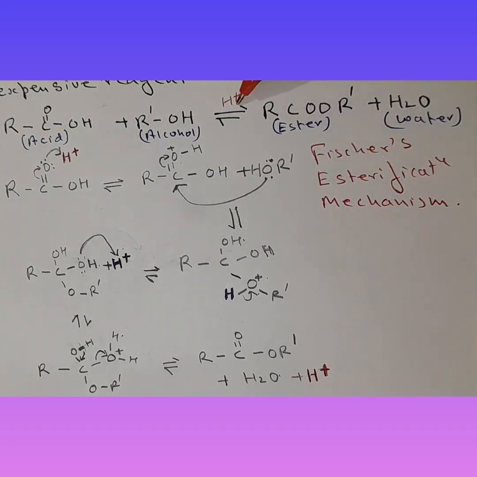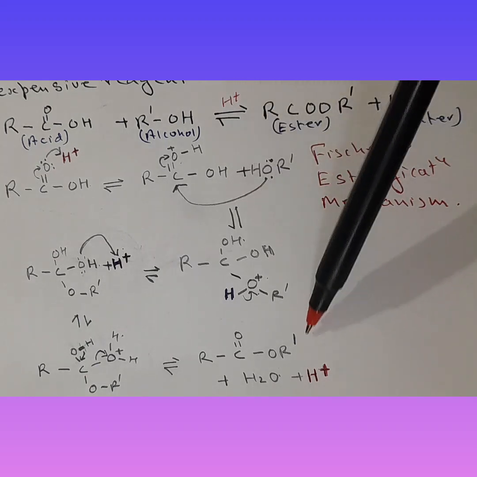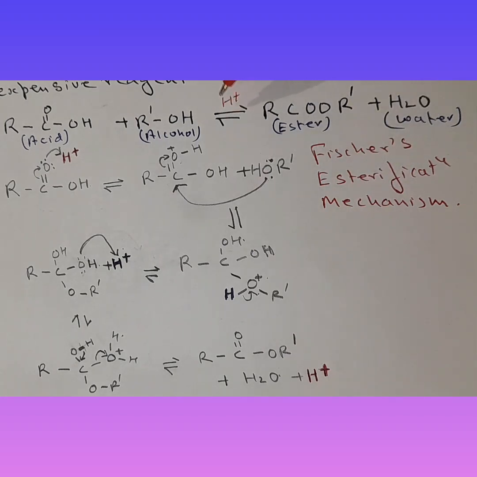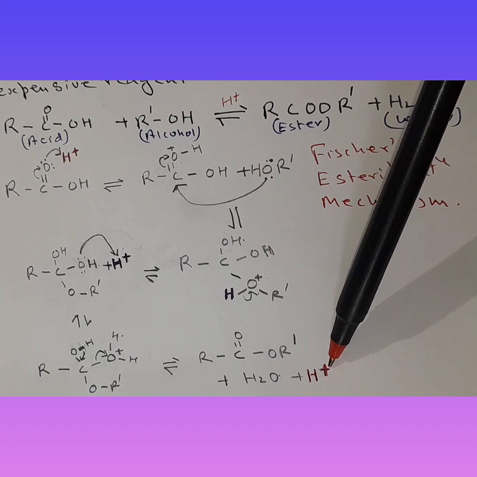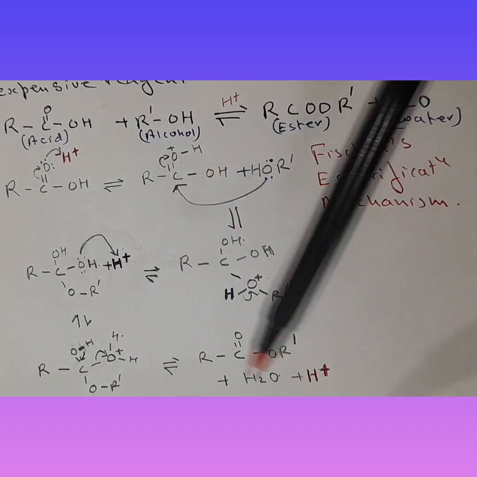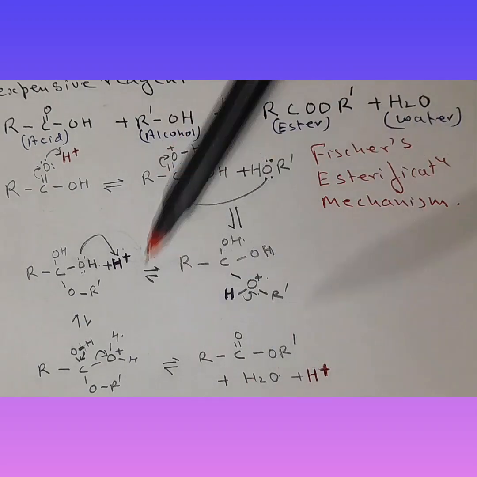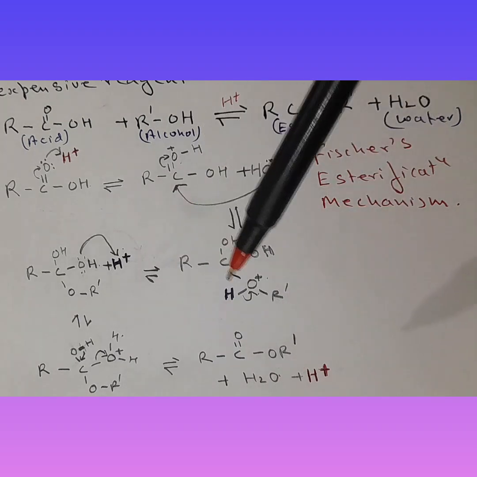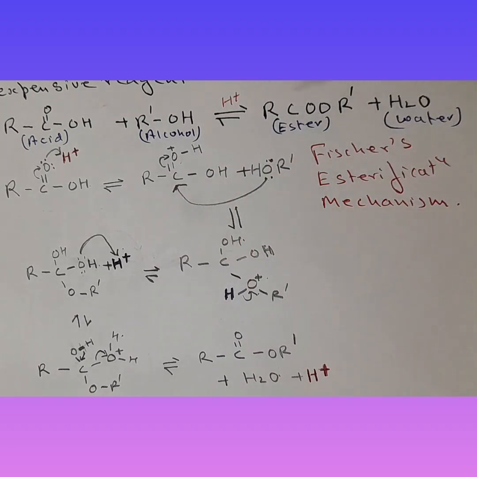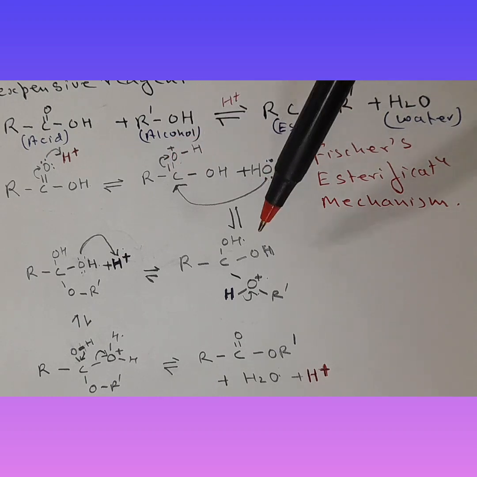Catalyst is one which takes part in the reaction but is again recovered. So sulfuric acid which gave its proton got it back at the end of the reaction, so that sulfuric acid would be reused again and again in the reaction. So that's why it is a catalyst. Alright, this is the entire mechanism by which esterification occurs.